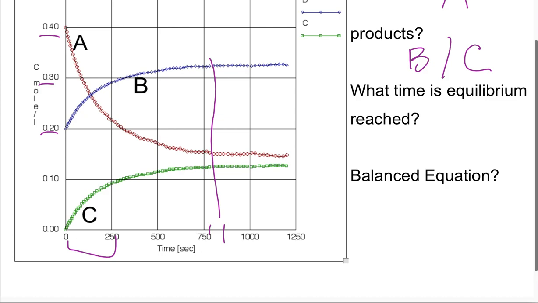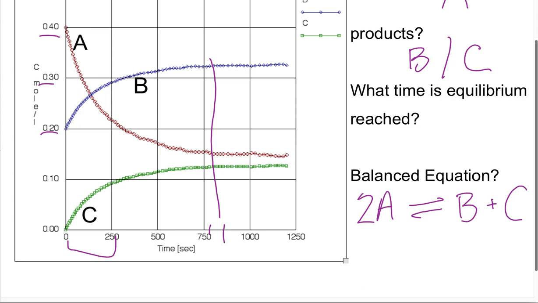About 0.1. That's about half the amount, right? So what does that tell you about the coefficients in the balanced equation? It's half of A, right? So what would I put for my one reactant's coefficient so far? 2, and then B would be 1 based on that. Now what about C? What is it doing in that 0 to 250 time frame? About a block. So what's its coefficient? 1. Make sense?